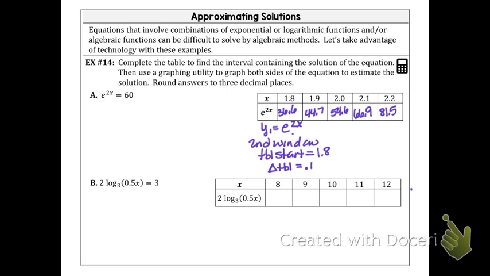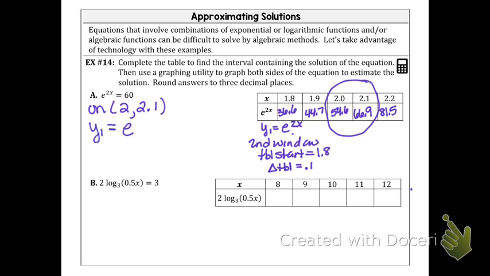All right. Now I want to know when is it equal to 60. So I can see that it is going to equal 60 somewhere between these two numbers. So I know it's on the interval from 2 to 2.1. Now if I want to find out exactly where it is, we're just going to graph it.